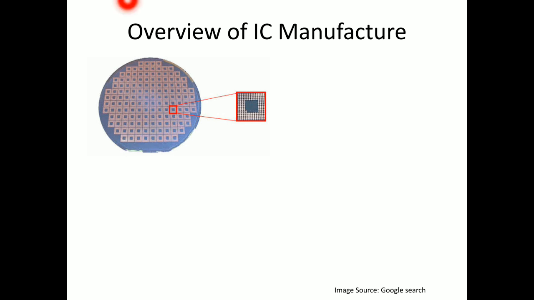You can see that this is a silicon wafer, and many rectangular shapes are there. These rectangular shapes are nothing but integrated circuits. One enlarged portion is shown. This is an integrated circuit. You can see on the edges of the wafer, the blue color, that area is getting wasted, because we cannot place the same size integrated circuit there.